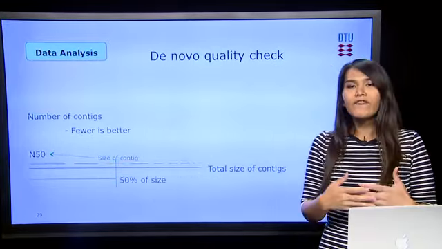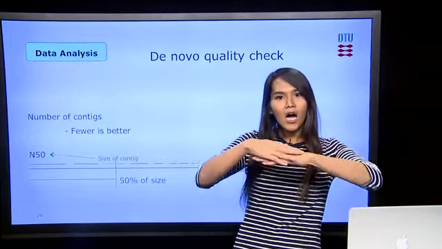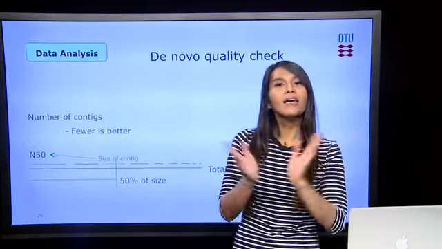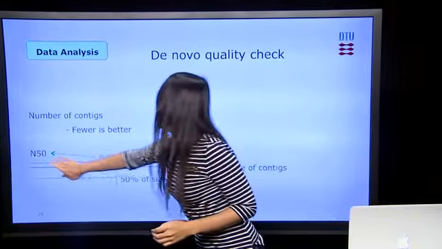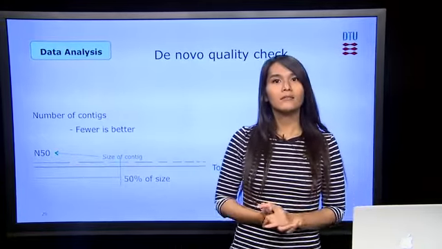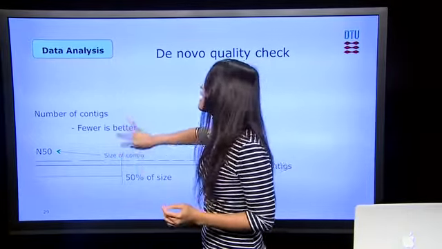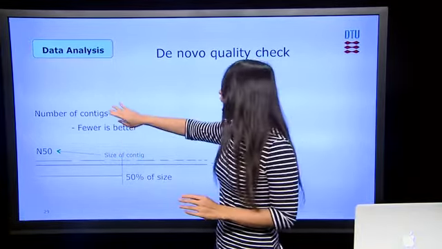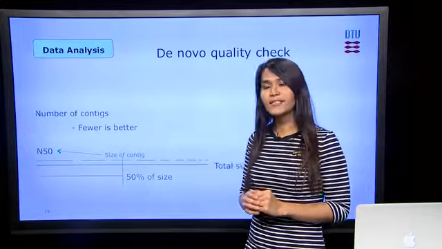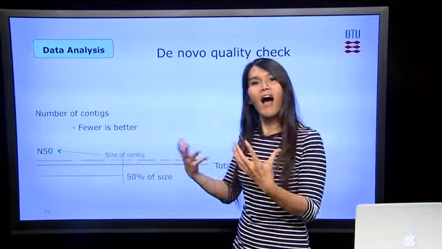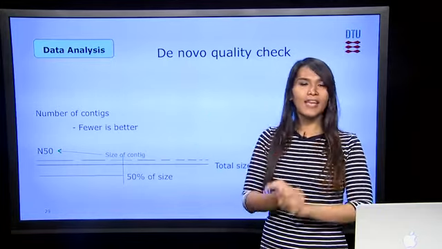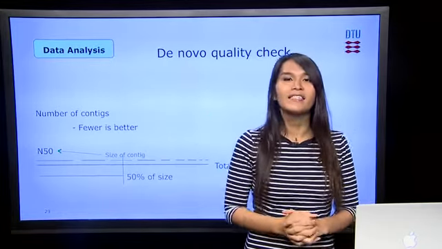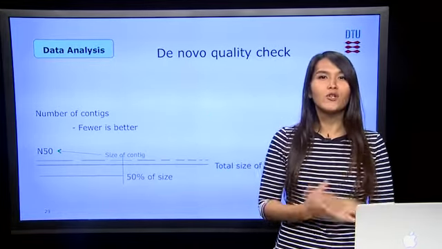So if you have a large N50, or a high N50, it means you're likely to have longer contigs. So these parameters are correlated. If you have a fewer number of contigs, your N50 is likely to be high, meaning that you have longer contigs. And that's good for you to identify any genetic markers that you want to look for.